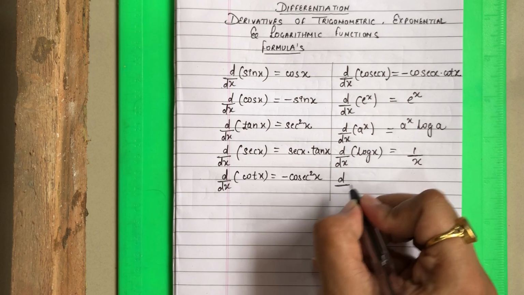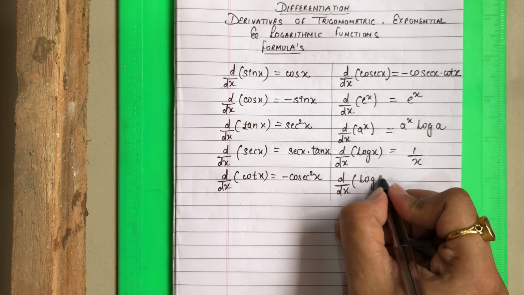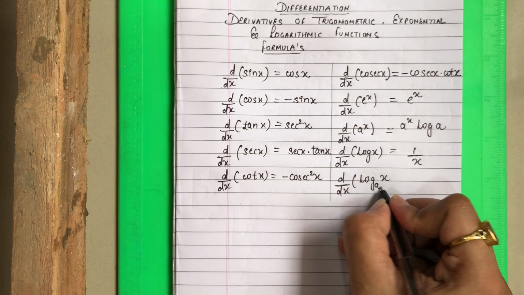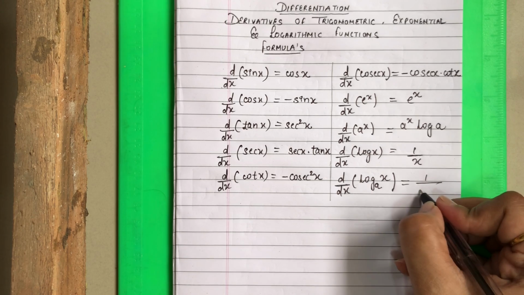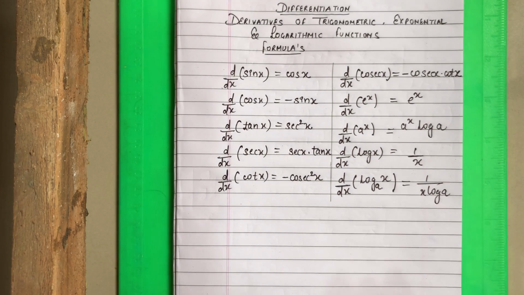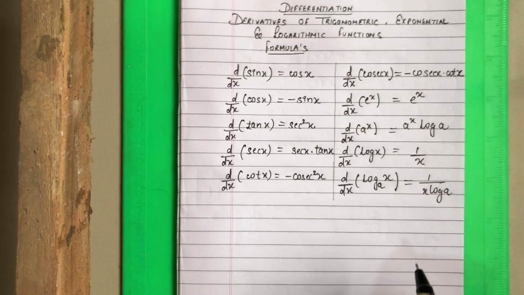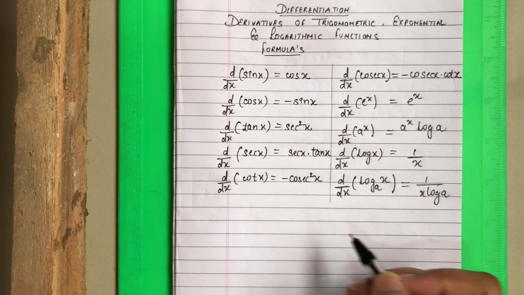And the last formula is d by dx of log x to the base a is equal to 1 upon x log a. So guys, these are the formulas which we are going to use for every question, wherever it is needed.